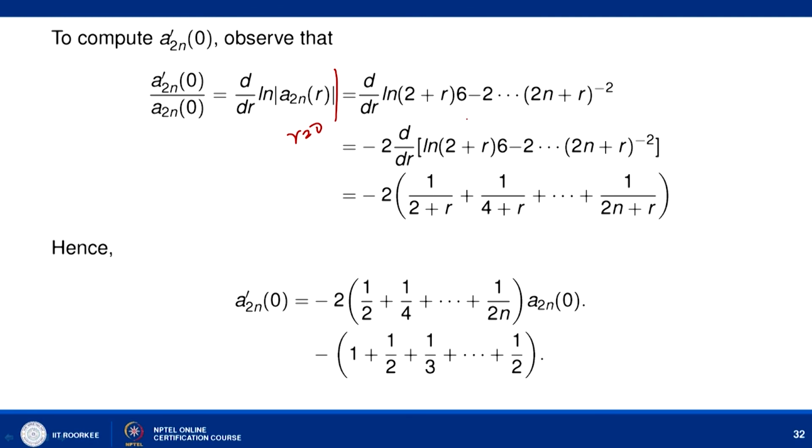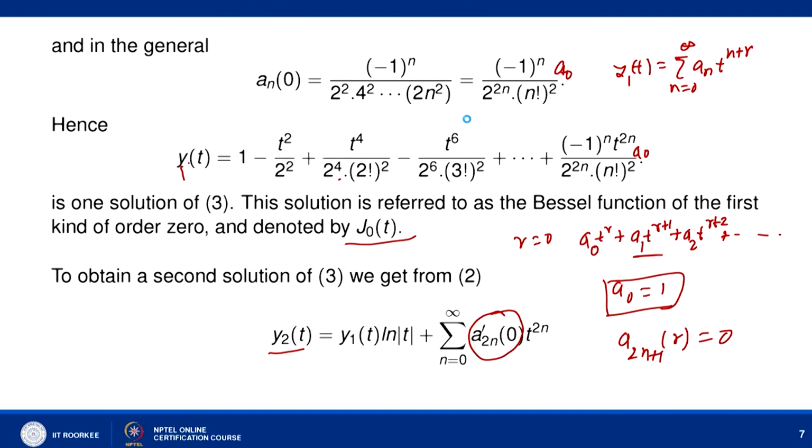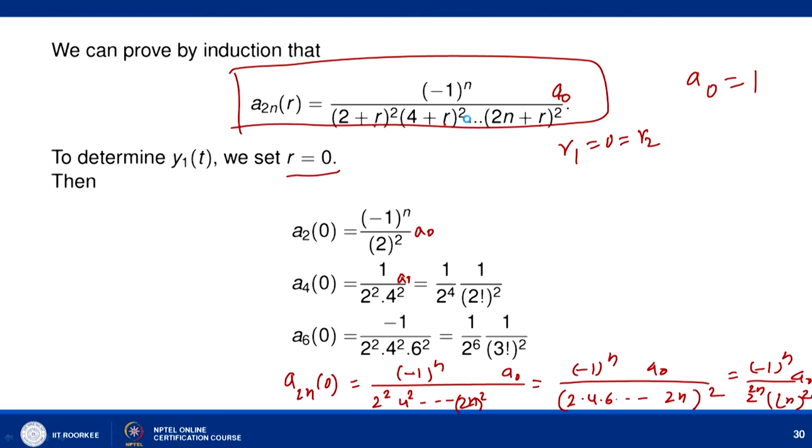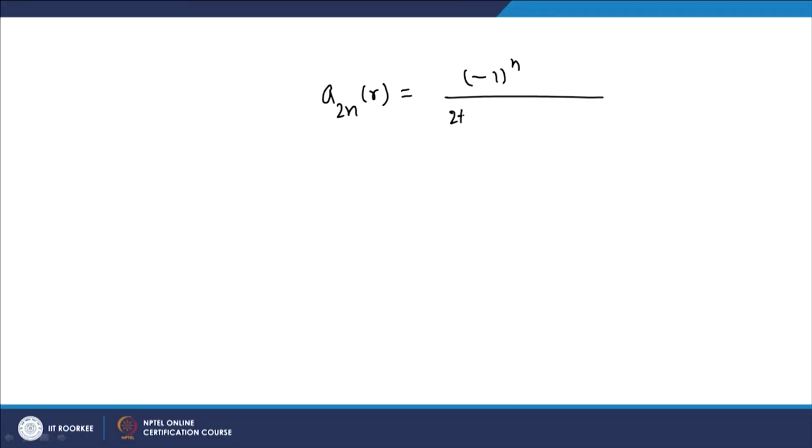So here a_2n(r) is given as (-1)^n divided by (2 plus r) whole square, (4 plus r) whole square, and so on, up to (2n plus r) whole square.